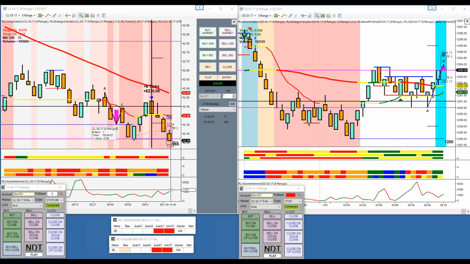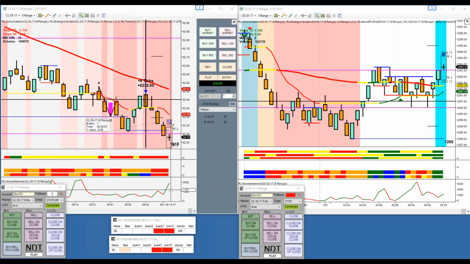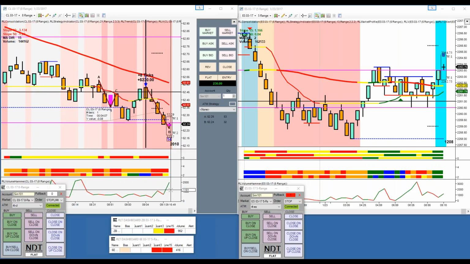Crude is banging lower. We took a great roll right off of upside resistance.